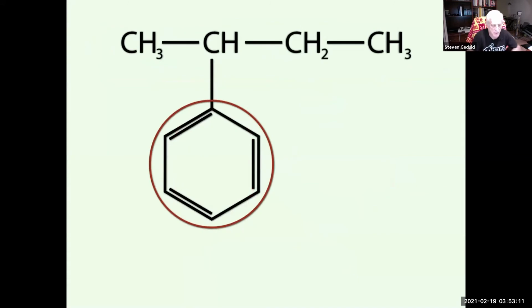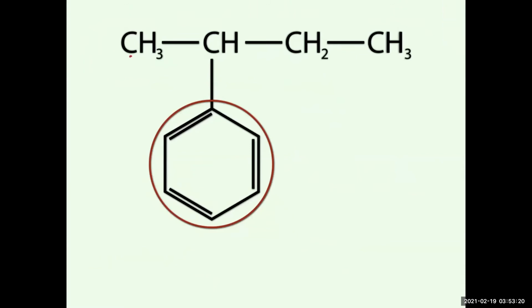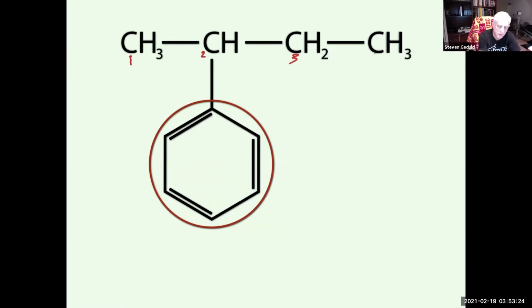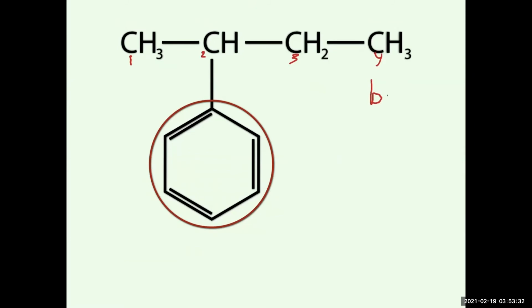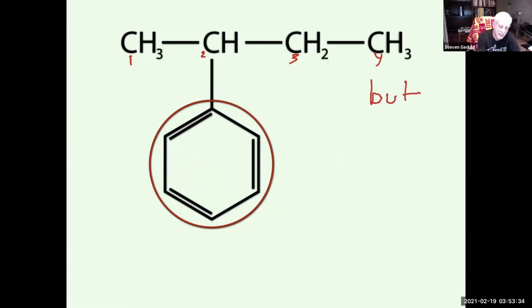Okay, let's look at this one. First of all, do we number left to right or right to left? Left to right. You have the substituent lowest because there's no multiple bond. So 4 carbons, all single bonds is what? Butane. Perfect. 4 carbons, all single bonds, is butane.